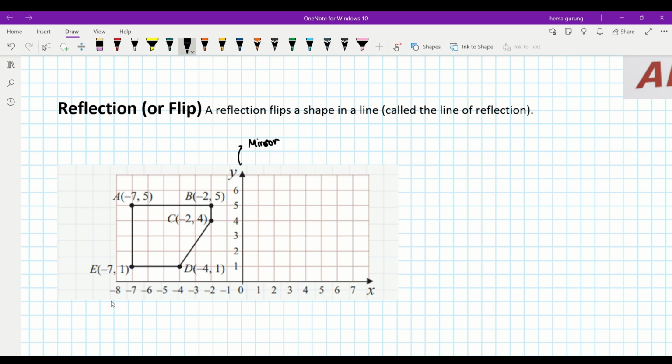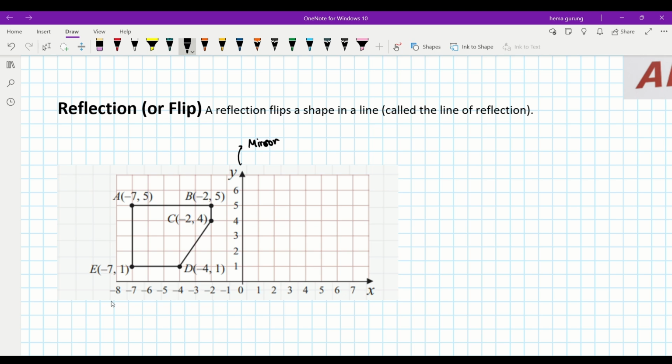Okay. Now we have to reflect the object here, A, B, C, D, E. Let's say this is an object. We have to reflect it considering the y-axis as the mirror. Now, remember the distance between the object and the mirror is the same as the distance between the image and the mirror. That means the object and the image are equidistant from the mirror.